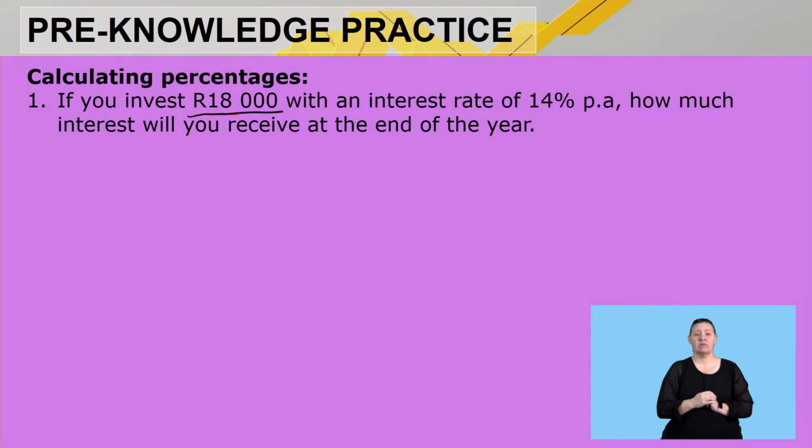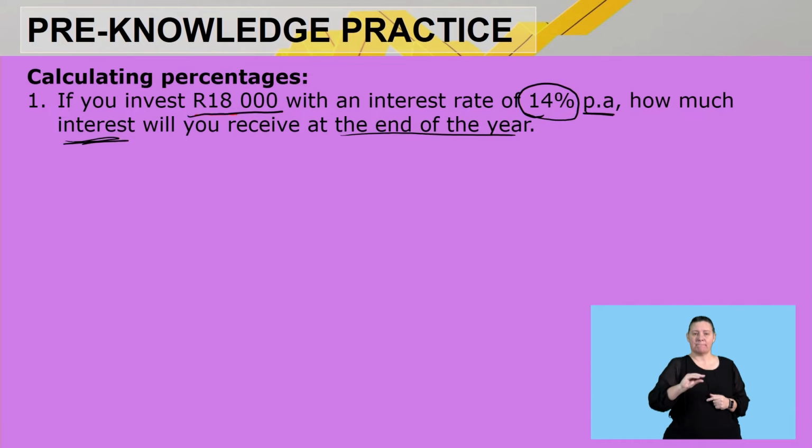It says here, if you invest 18,000 with an interest rate of 14% per annum, the words per annum mean per year, how much interest will you receive at the end of the year? So we are calculating the interest that we are going to accumulate at the end of this investment. Firstly, we need to start with what we are given.